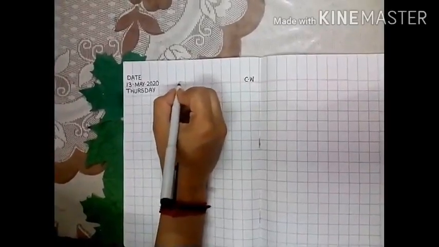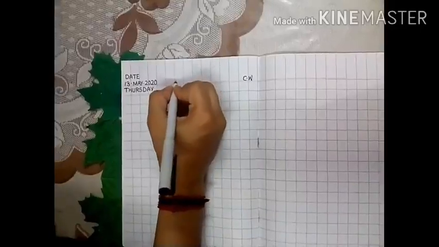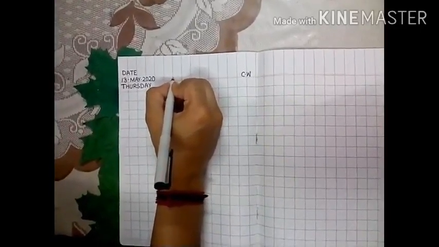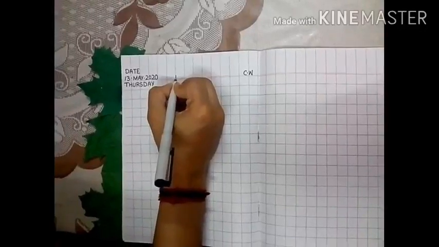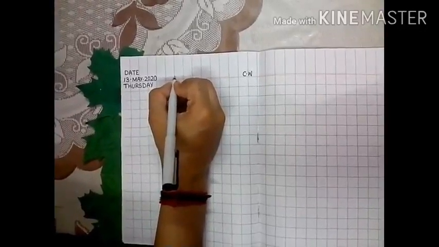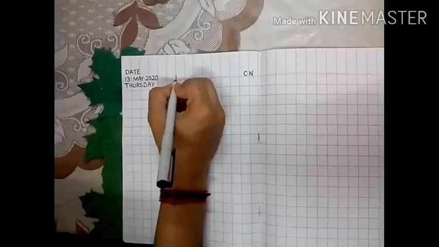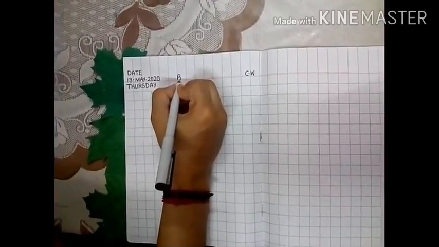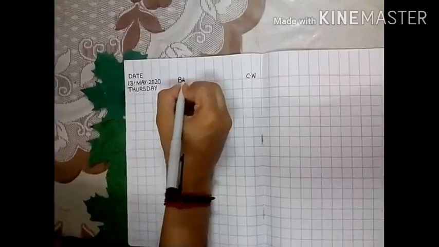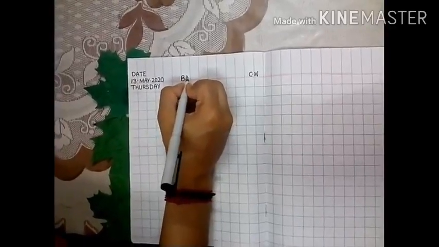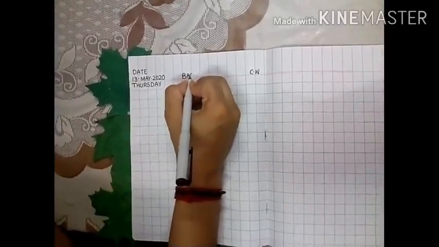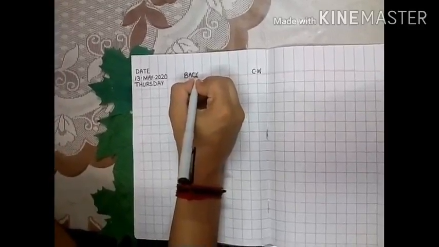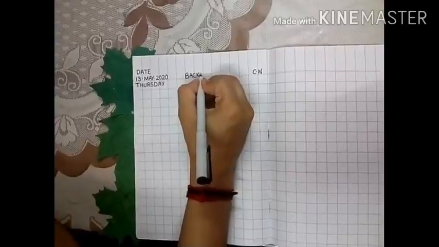So in the middle you have to write down backward counting. Slowly you have to write down. In the capital letters you have to write down backward counting. BACK, Backward.